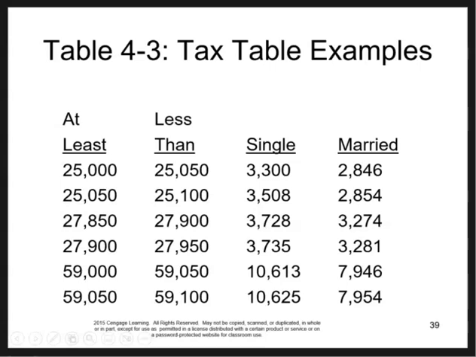If you're married, you would owe $2,846. We saw the tax rate schedules earlier. We'll use the tax rate schedules to solve problems on the exams, and I will work out examples of those on WebEx.